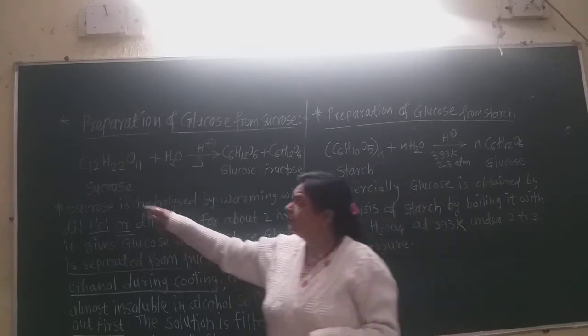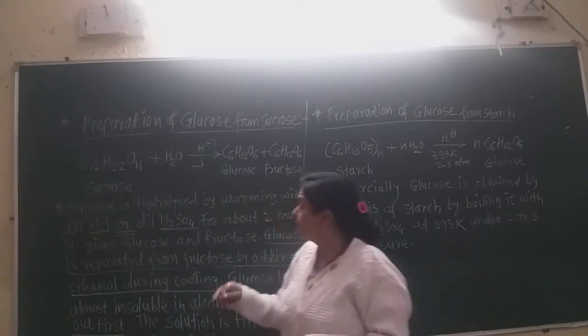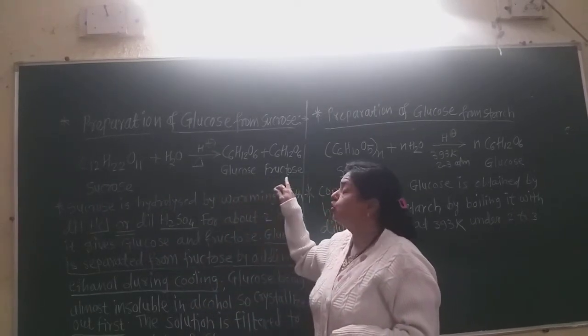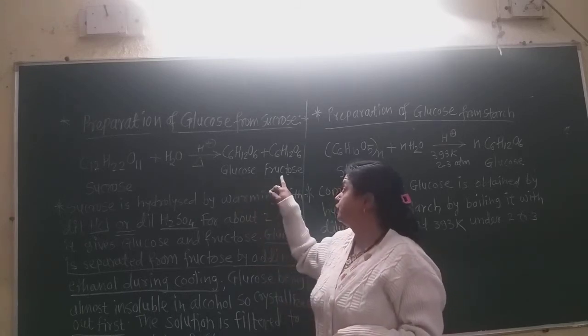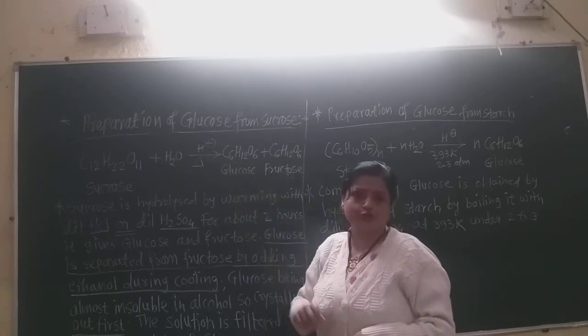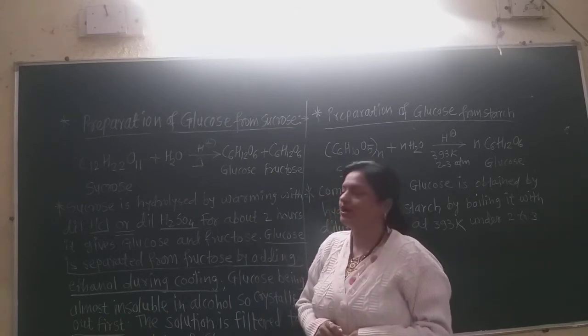Now you know that there are 12 carbon atoms. So after hydrolysis, 2 monosaccharides are formed, that are glucose and fructose. Both are hexose sugars; both contain 6 carbon atoms.